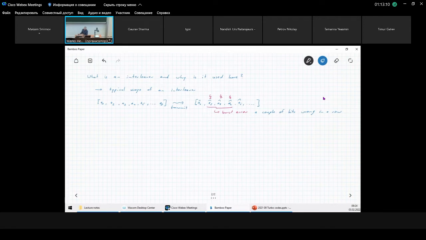Now just think back to our Viterbi decoder. The Viterbi decoder will face a problem if a couple of bits in a row are wrong, because then it would fail to find the optimum sequence. So this is difficult for decoders.